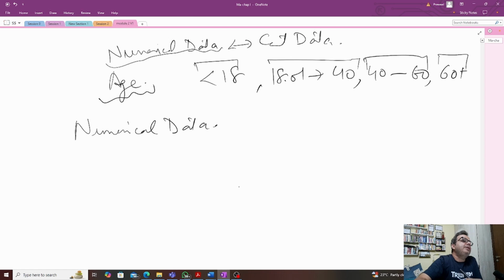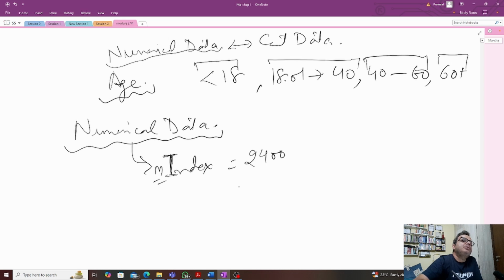In case of numerical data also, there can be a lot of processing that you may have to do. I'll tell you why you need to process your numerical data first. Let's suppose you have market index values, and in India, if you're talking about Nifty, this can be like 24,000. So the market is at 24,000 these days. And let's suppose you also have age, which can take values from say 18 to 55 in most scenarios.